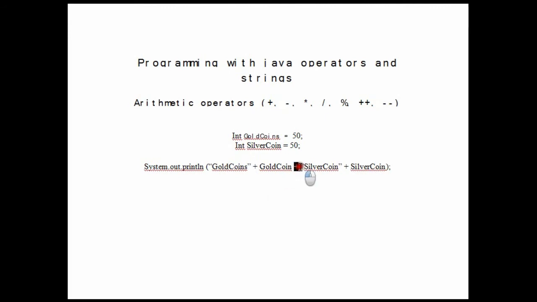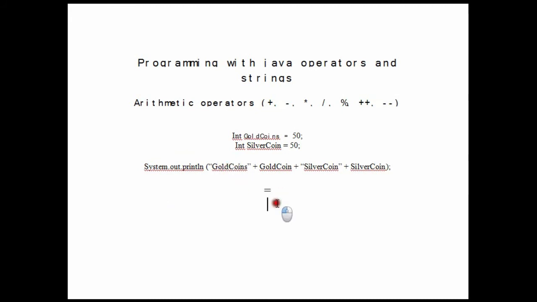And then I've got another thing here, so it's bringing this string after gold coins, and then the value inside this variable, because I haven't put the double quotes, it prints out the value inside this variable. These are variables, these are just strings. So what we should get printed out would be equals.